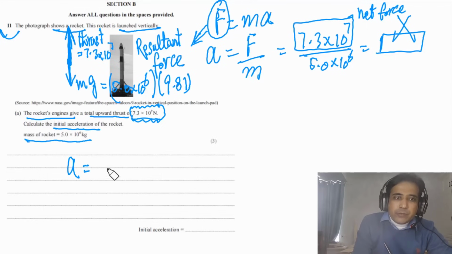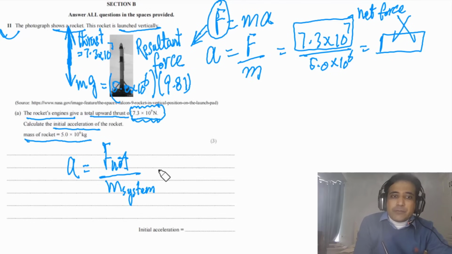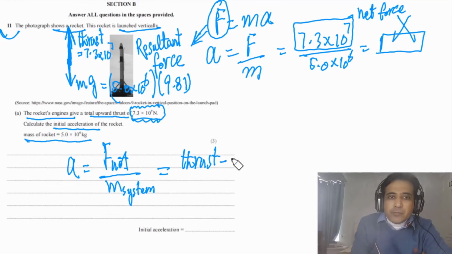The acceleration will be equal to the net force, F net, divided by the mass of the system. Very important, this is the mass of the system. So what is the net force in this case? Net force is thrust minus mg, divided by mass.